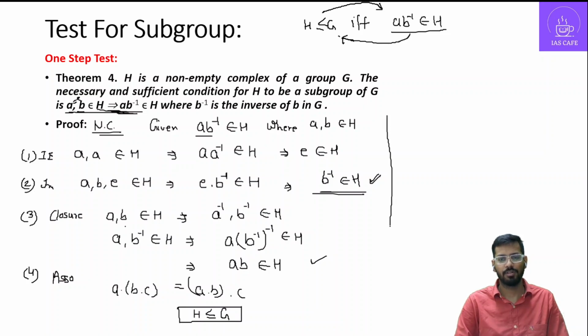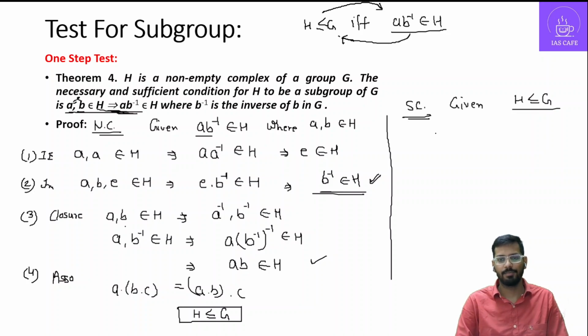Now we will go for second. That is sufficient condition. So what is the sufficient condition? Given that H is a subgroup of G, that is given. So now we have to prove that AB inverse belongs to H. Look, H is a subgroup of G, that is given.